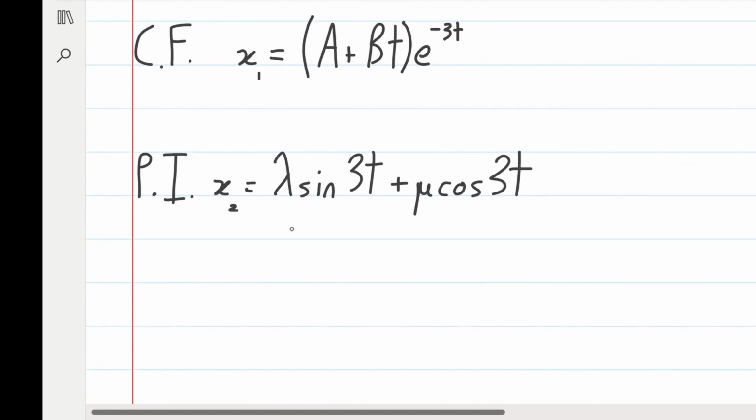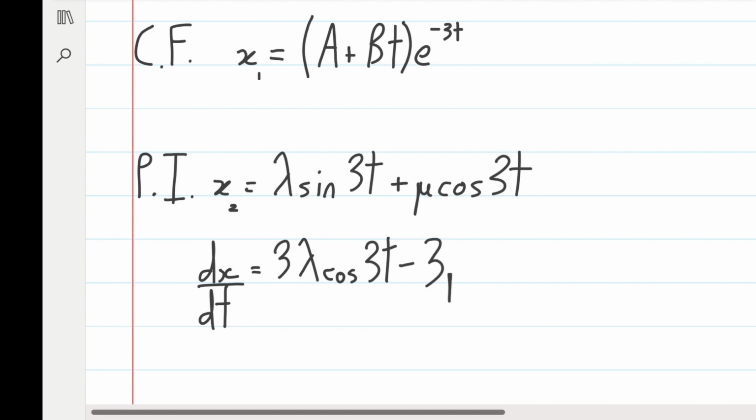So I would say dx by dt equals, and then we're going to differentiate this. So obviously sine differentiates to 3 lambda cosine 3t. Don't forget your rules of differentiation here, and then cosine differentiates to minus sine, but we have cosine 3t, so it's minus 3 mu sine 3t.